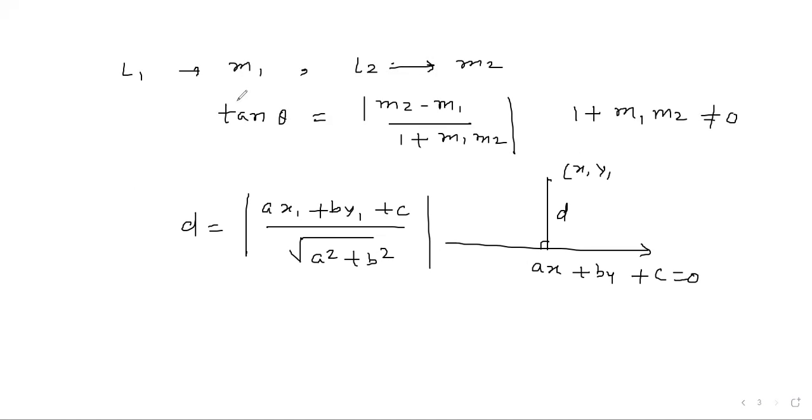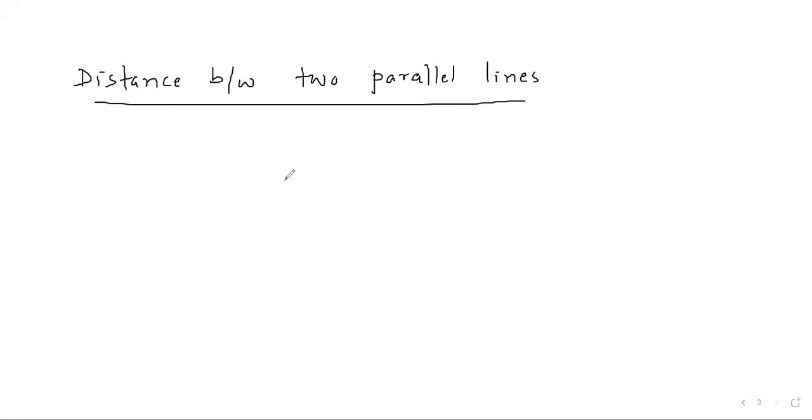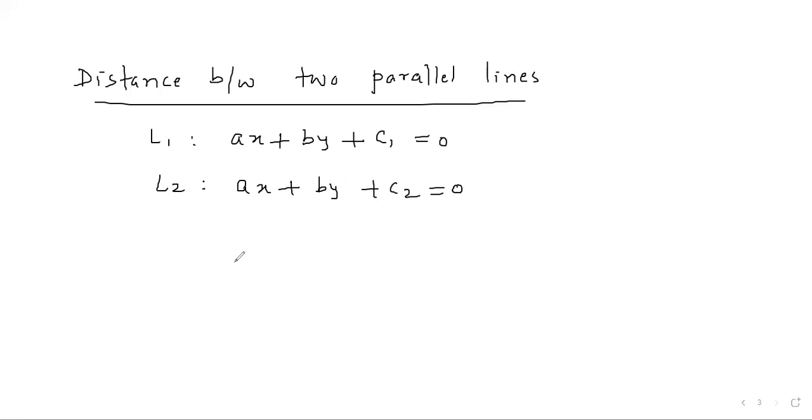Now, the distance between two parallel lines. Suppose the first line is L1, ax plus by plus c1 equal to 0, and the second line is ax plus by plus c2 equal to 0.